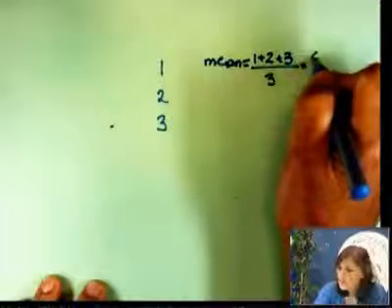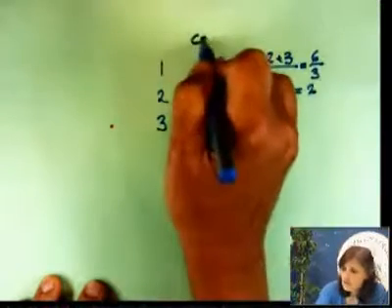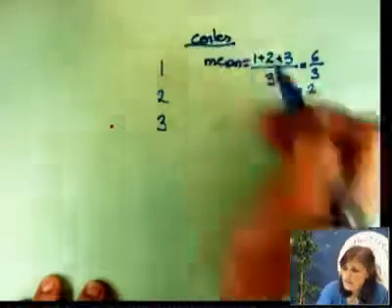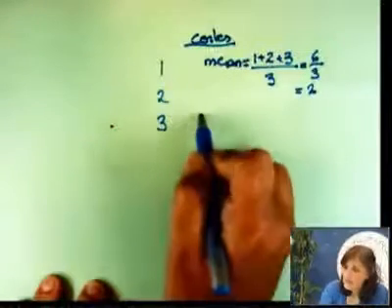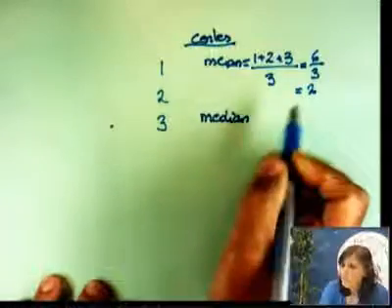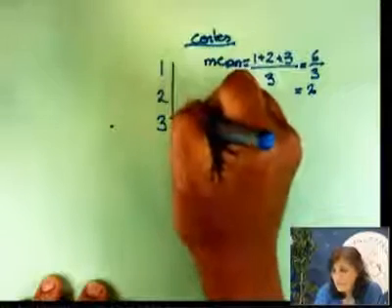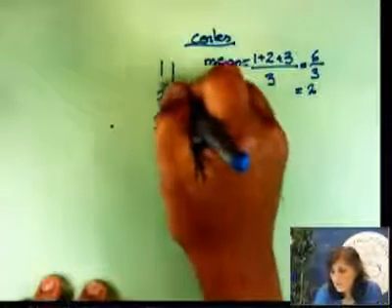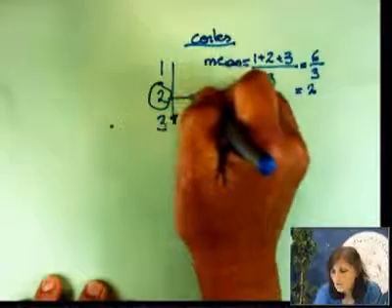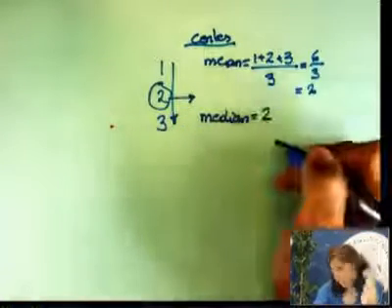So that's 6 divided by 3, which is 2. That is the center. The center can also be measured as the median, the middle of your data. I have 3 things, what's the middle of it? You sort them, and then you look at the middle. In 3 points, the middle is the second one. So the median is simply 2.